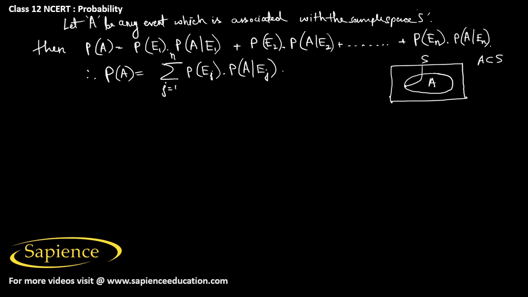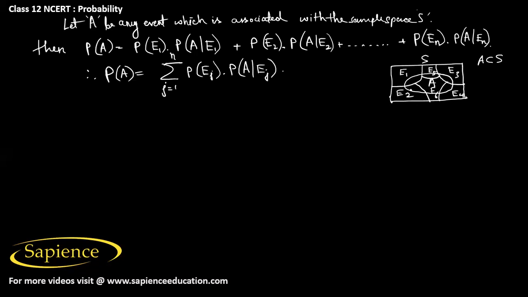Suppose we have the partition E1, then another partition E2, another partition E3, another partition E4, then another partition E5, and this remaining partition is E6. So suppose we have 6 partitions of this sample space.